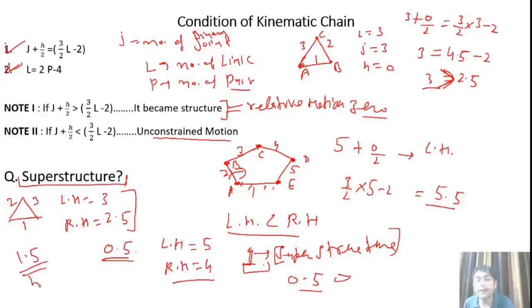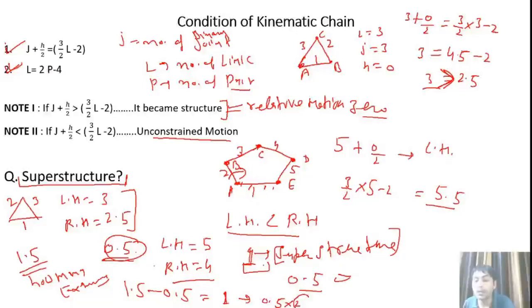Then how many extra links are there beyond the structure? Every link is equal to 0.5. Now 1.5 minus 0.5 becomes 1, and 1 is equal to 0.5 multiplied by 2, meaning there are 2 extra links.